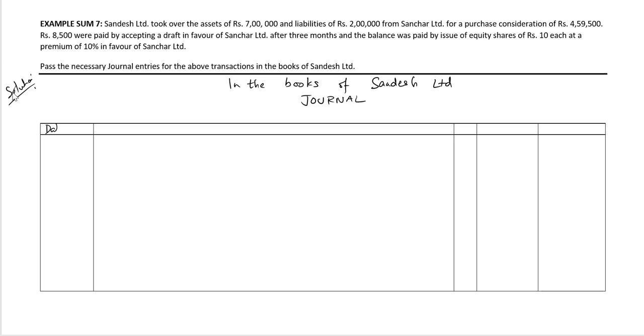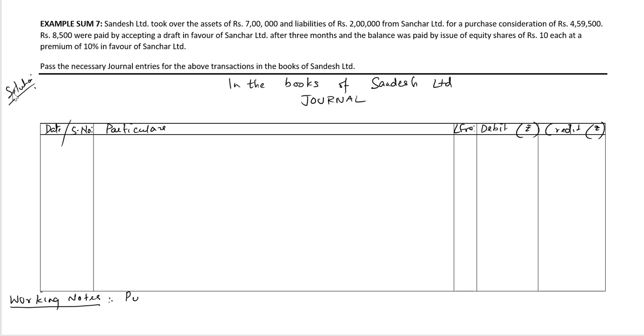We have date / serial number, particulars, LF number, debit rupees and credit rupees. Let's do the working notes first. Working notes.